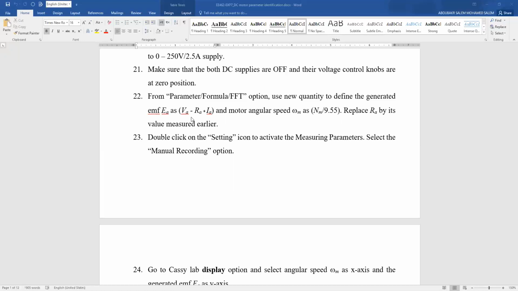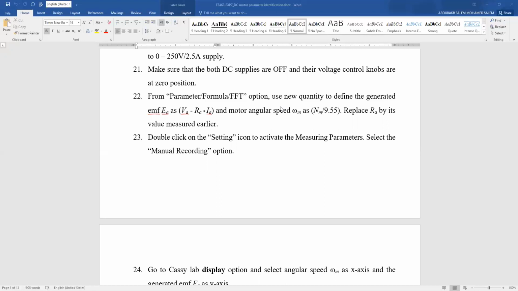And so this is the EMF, and the motor angular speed omega m as Nm, which is the motor speed, divided by 9.55, which is the same relation for converting speed from RPM to radian per second scale. So replace RA by its value measured earlier.